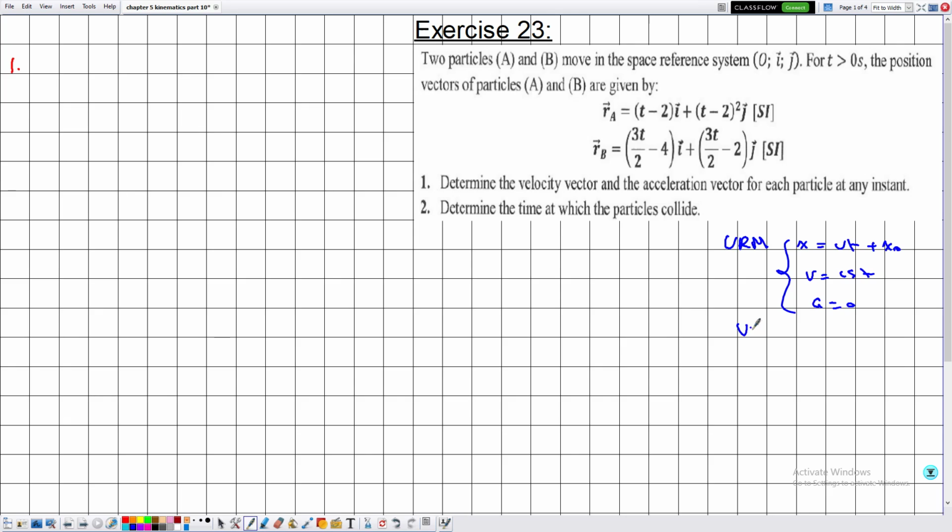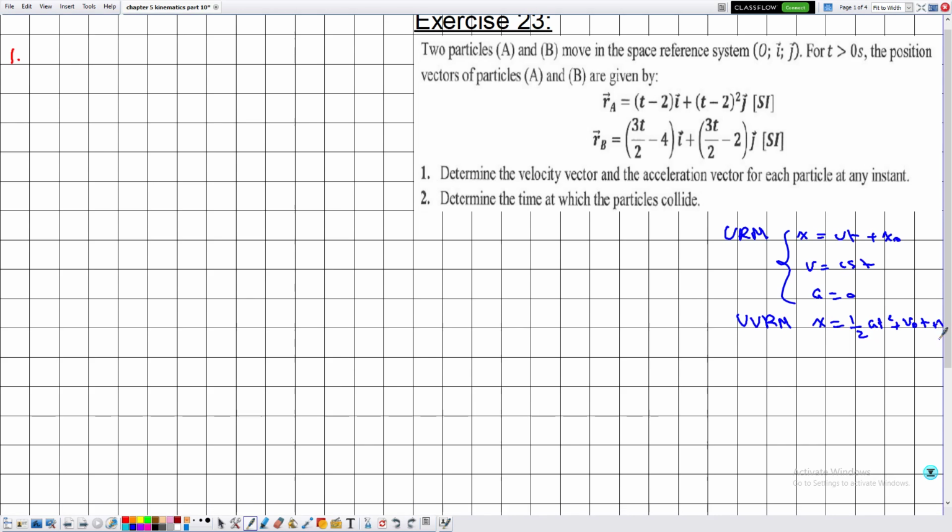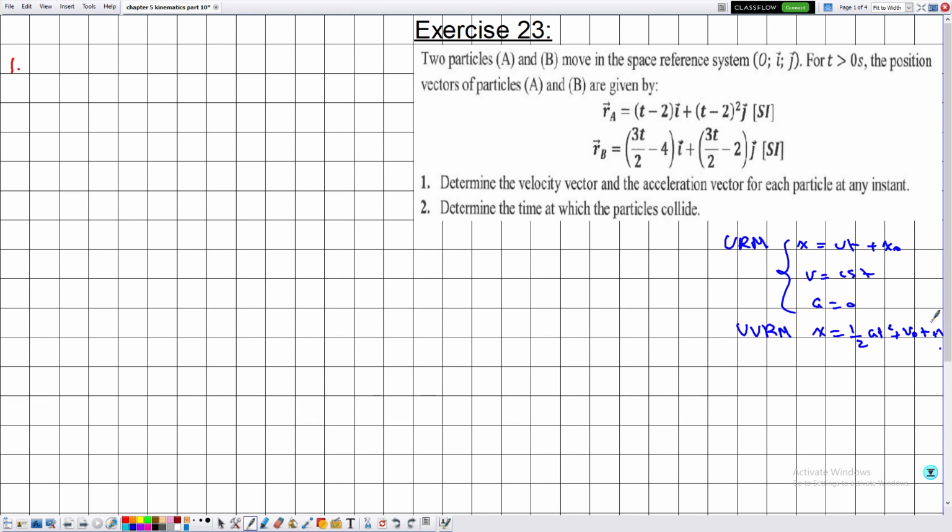For the case of UVRM, we have x equal to half at squared plus v0t plus x0, v equal to at plus v0, and the acceleration equal to a constant.